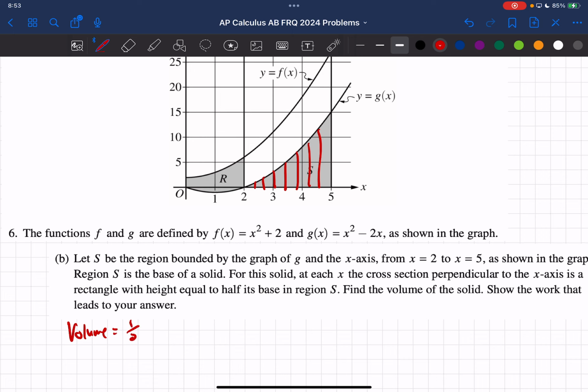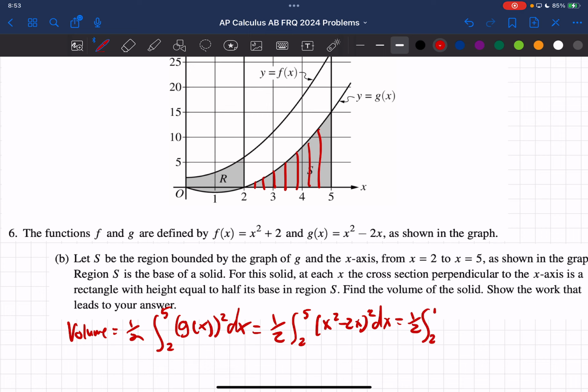So that's going to be 1/2 the integral from 2 to 5 of g of x, quantity squared. Now the difficulty with this one is this integral we are going to have to evaluate. So we have x squared minus 2x, quantity squared dx.